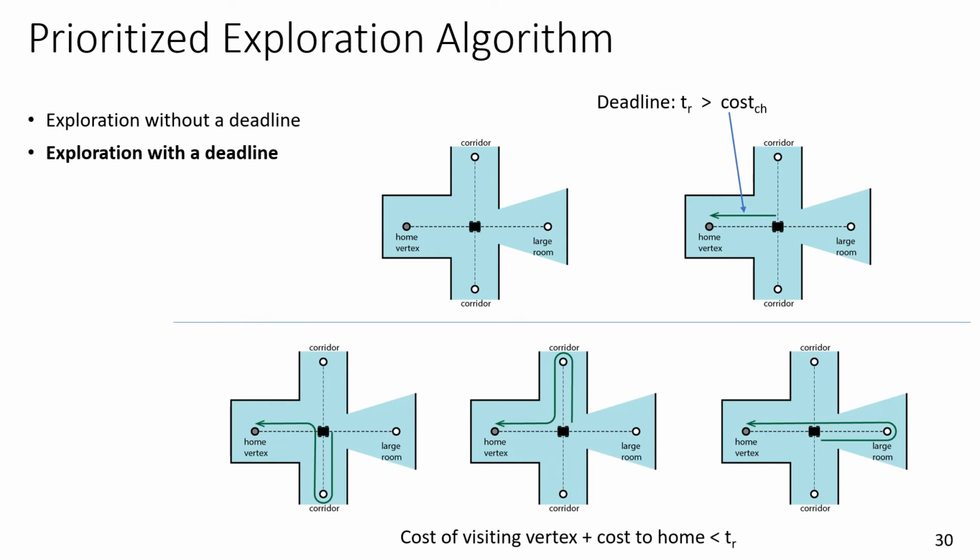Here the robot calculates the path cost to visit any of the unvisited vertices and the cost to visit the home vertex afterwards. If the sum of the cost of visiting the vertex and the cost to return home is smaller than the time remaining, then the robot visits the node with the highest priority.